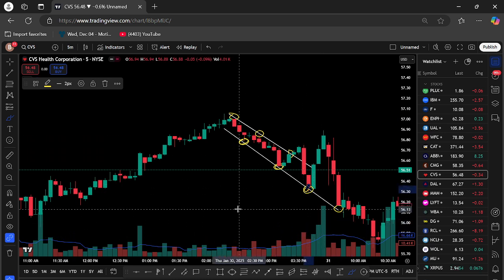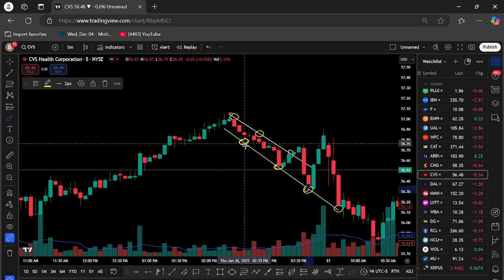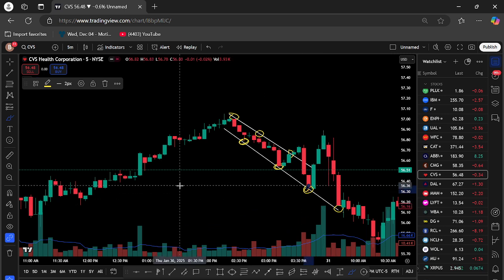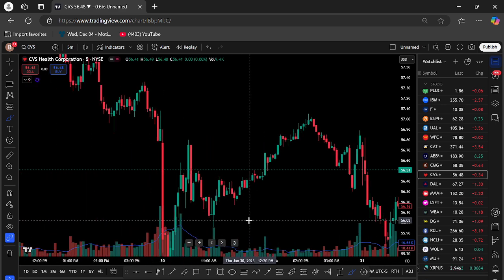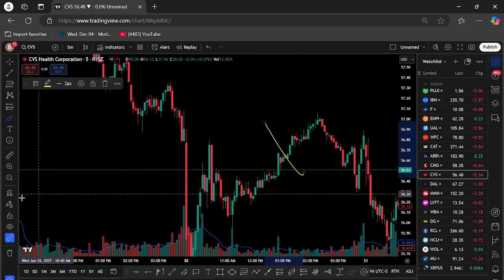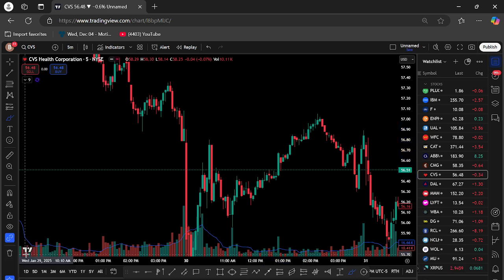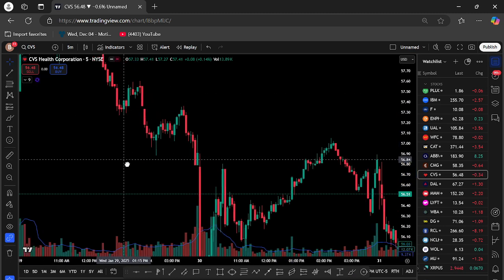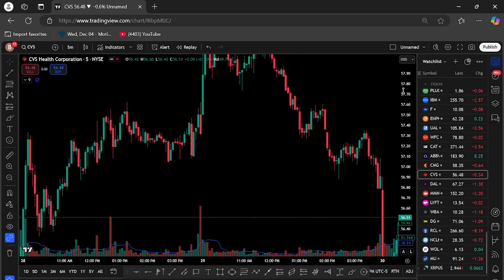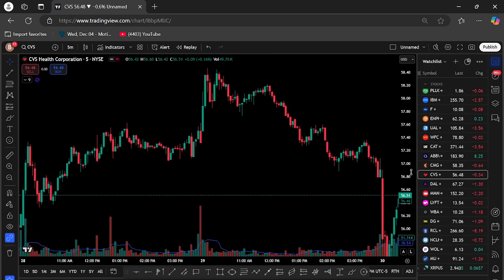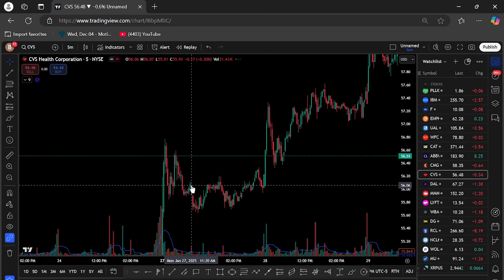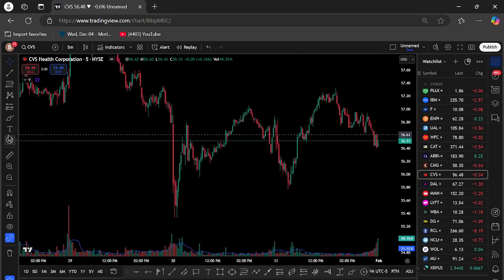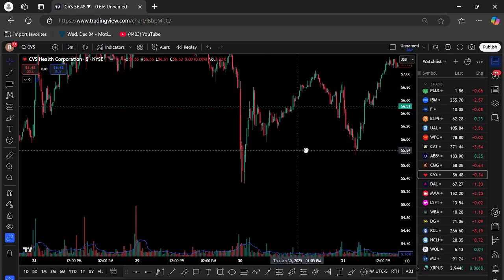Okay, so when you see that, that means that this stock is going down. It's in a downward trend and it's bearish. Okay. And finally, I want to see if I could find a good example of a range.